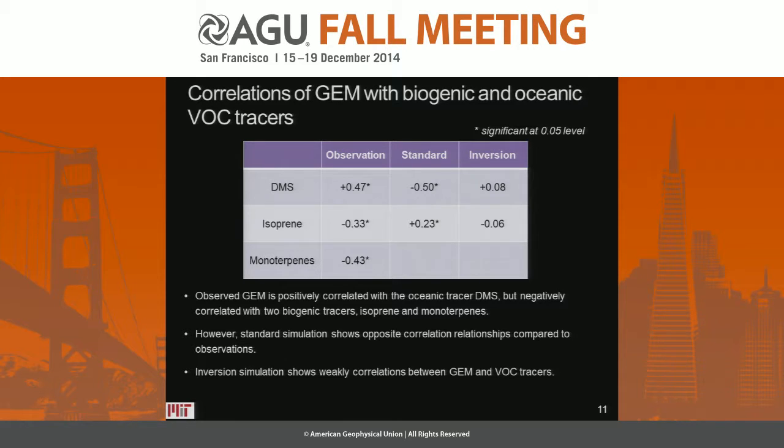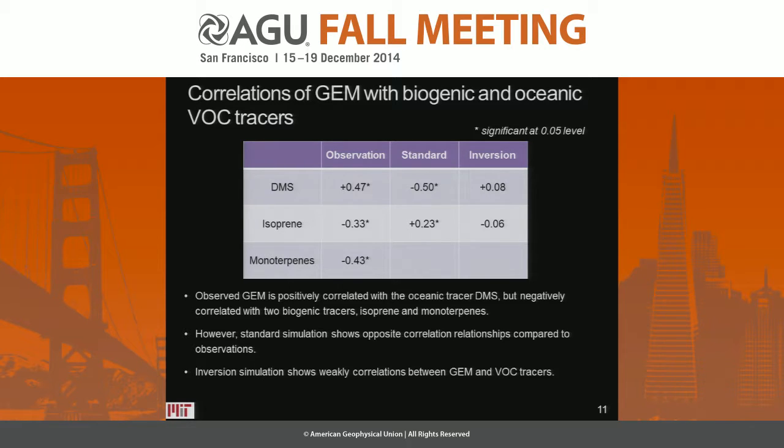From the observations, we find a significant positive correlation between GM and DMS, but negative correlations between GM and the two biogenic tracers. This may suggest that the ocean is a larger source than we thought, while vegetation could be a very large sink of GM.